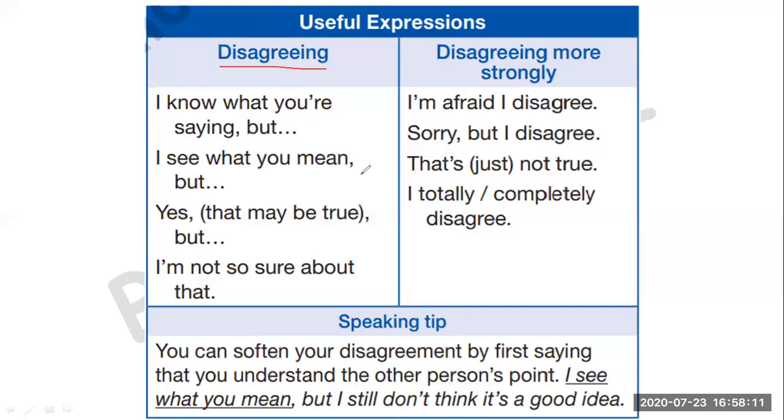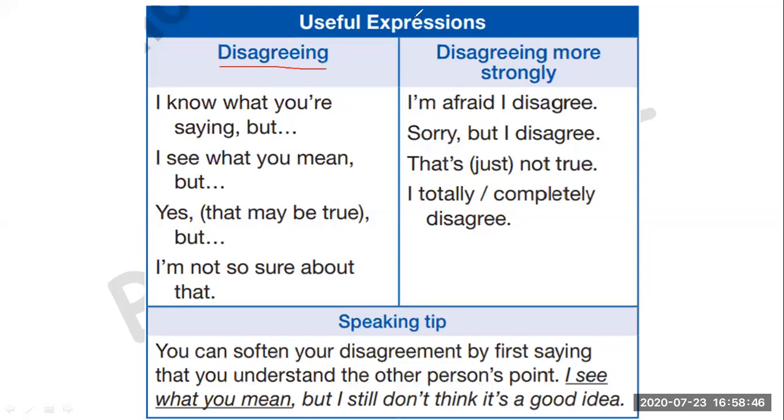So when you disagree is when you don't have the same opinion as the other person has, right? Imagine that you say, well, I think that the government should close the country because of the pandemic. You could say, I know what you're saying, but I don't have the same opinion. In this case, it's very soft. You respect what the other person is saying, but you have a different opinion.